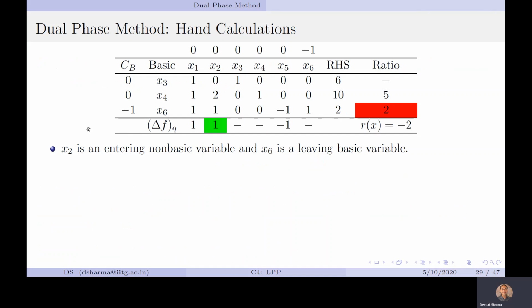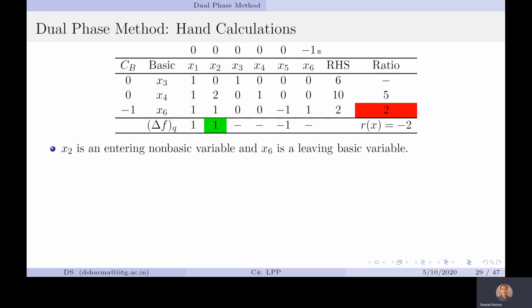Now we have written the simplex table. You can make it out. In the first row, all of them are 0 and the coefficient corresponding to x6 is -1, because we are minimizing R, or you can say maximizing R, which is -x6. Please note that we are not solving the original objective function.